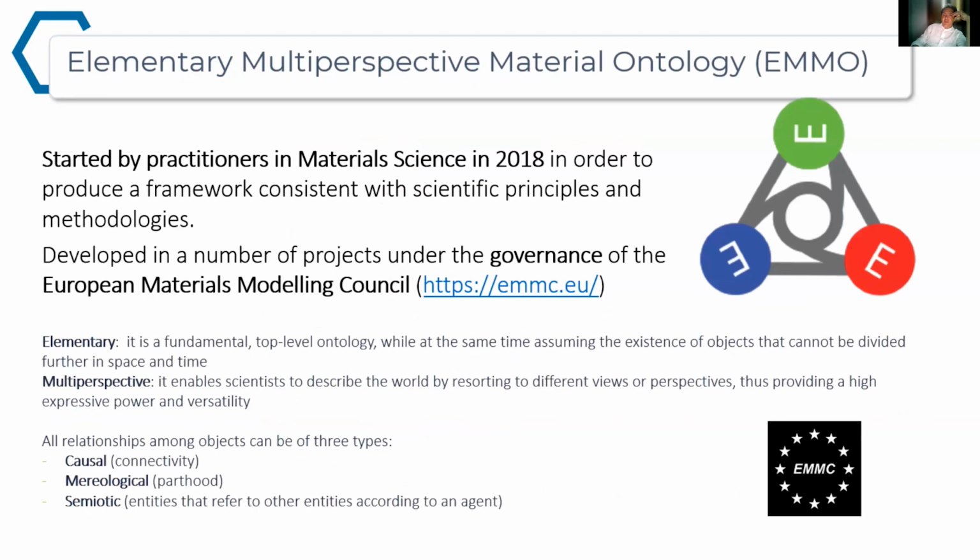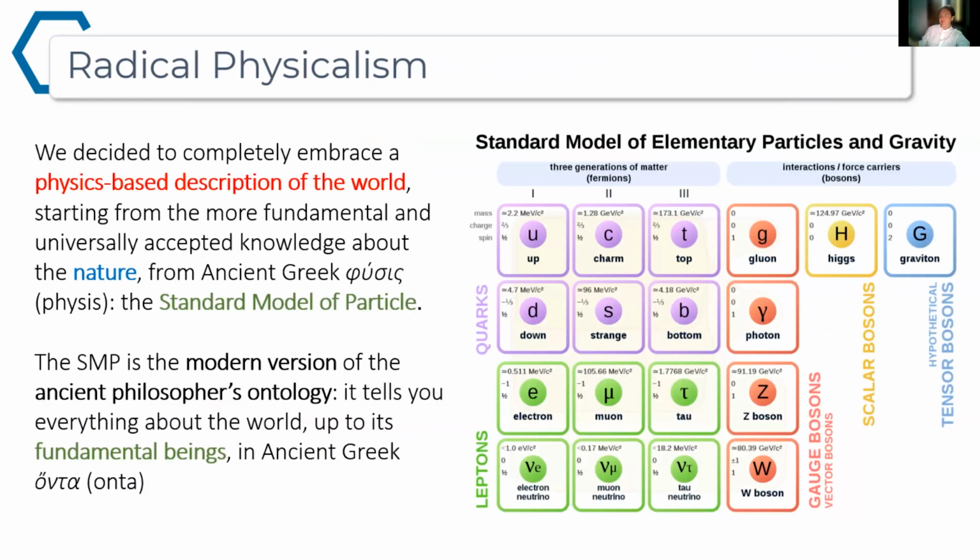So the EMMO is an ontology that we started to develop in 2018, to deal with materials and modeling. But now it went a bit further and started to be an ontology for everything. Since we are applied scientists, engineers, physicists, chemists, and so on, what we decided to do is to base our ontology on a very strong, radical physicalistic approach.